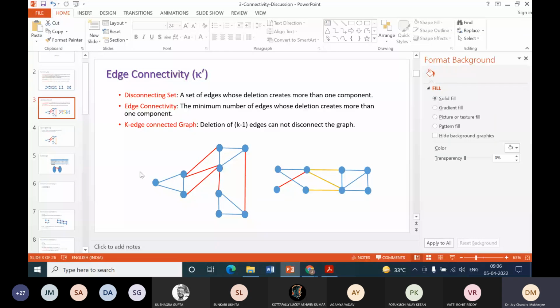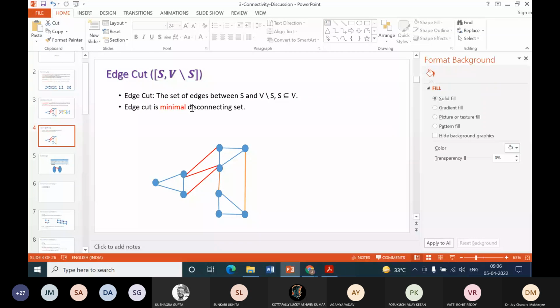And we also discuss what an edge cut is, which creates exactly two components, and an edge cut is called a minimal disconnecting set. The size of the minimum edge cut, or the size of the minimum disconnecting set, gives you the edge connectivity.